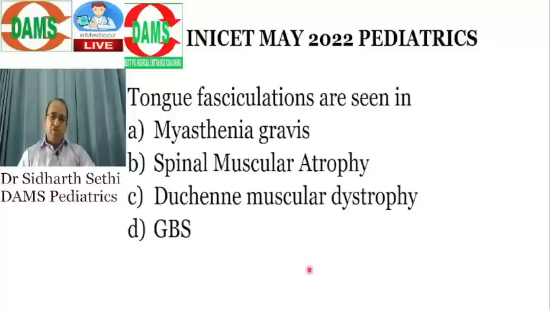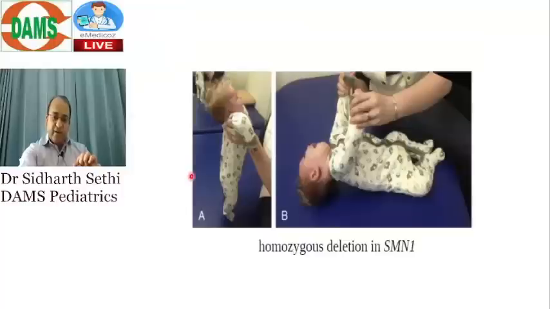Now the next question was on tongue fasciculations. Of course, all of you know fasciculations are seen in lower motor neuron weakness. Now myasthenia gravis is a problem of the neuromuscular junction. Duchenne's is a muscular problem. This is a neuropathy. Now spinal muscular atrophy is a disorder of the spinal motor neuron.